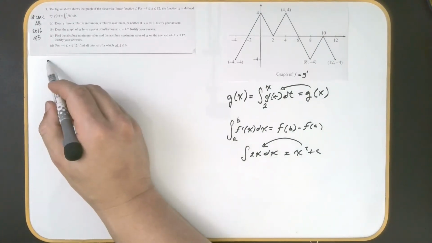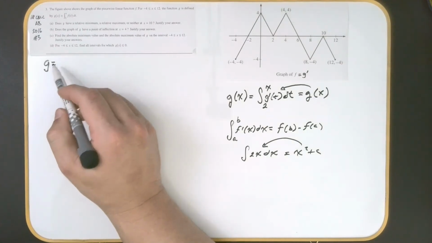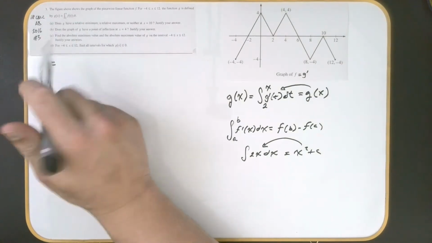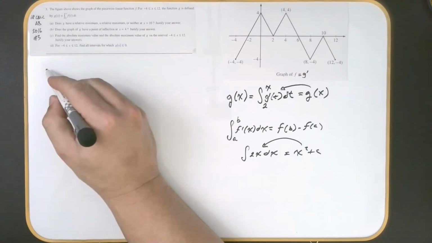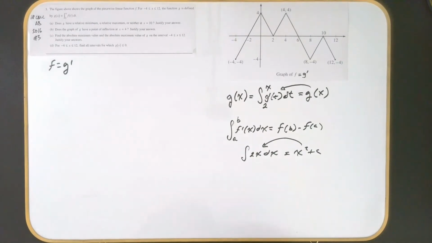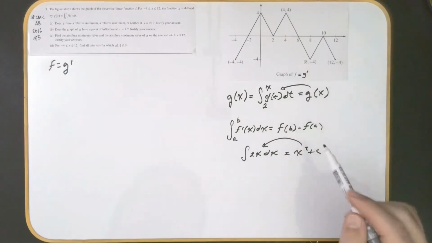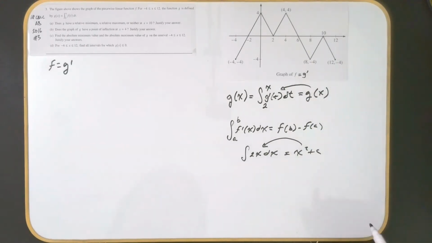You could say, before I do anything else, I'm going to say that f is actually equal to g prime. You actually get a point for declaring that and realizing it. So that's the first thing that you want to address and say, okay, I'm not even going to refer to f anymore, it's just g prime and g, and that makes more sense.